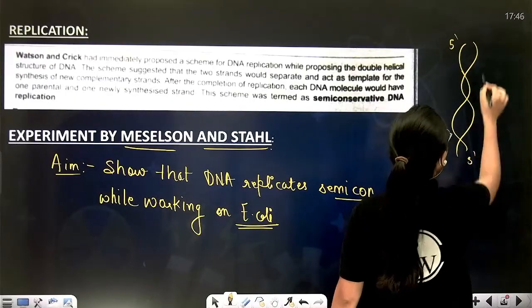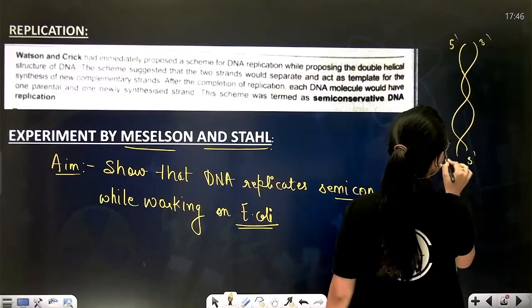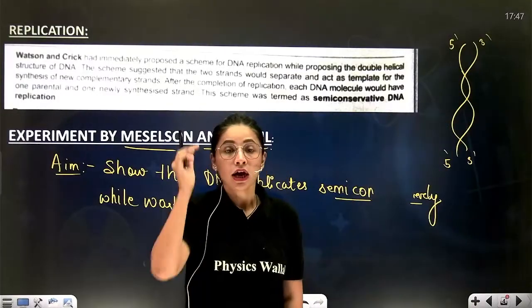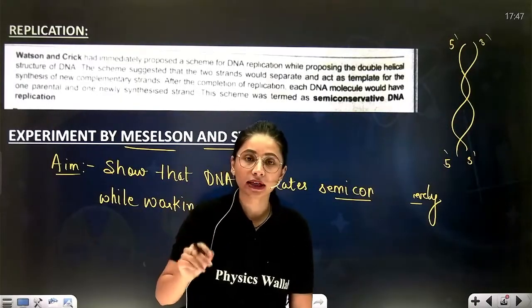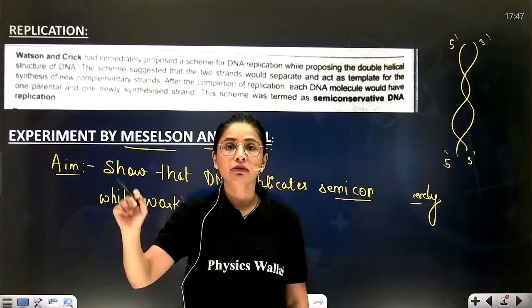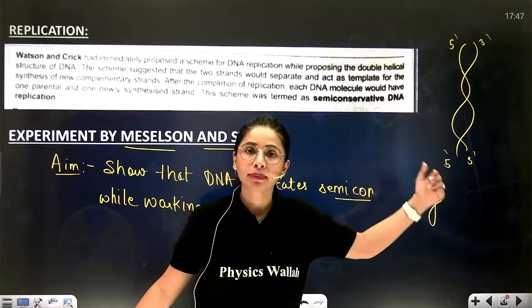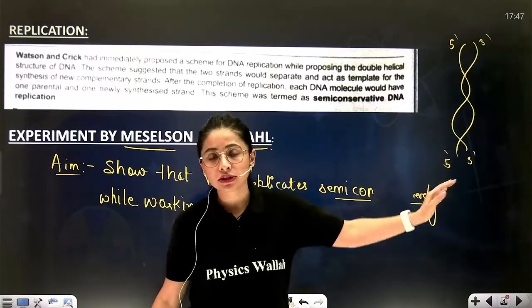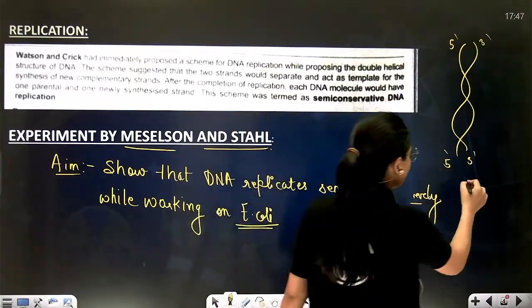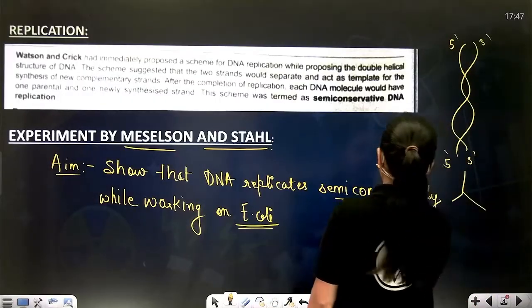Since both the strands are anti-parallel, both the strands of the DNA will undergo replication. Both the strands will become parent strands, and on both strands a new daughter strand will be produced.